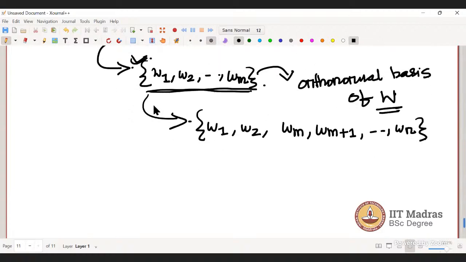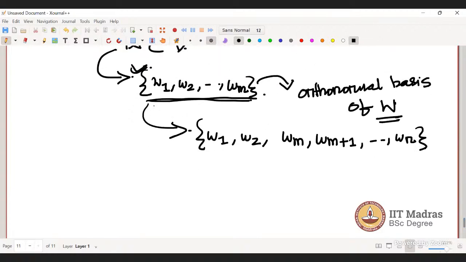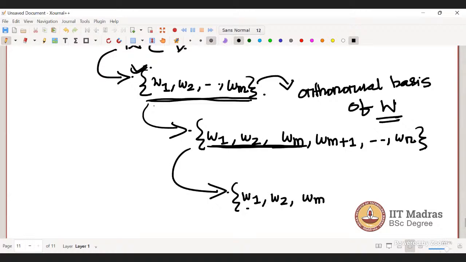Now again you convert this into an orthonormal basis. You will get the same thing if you follow the procedure, because it is already an orthonormal basis. If you apply the procedure, you will get the same set of m vectors, and then you will get some other vectors here.